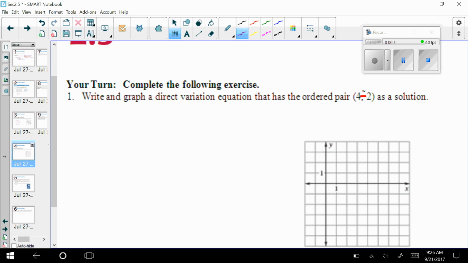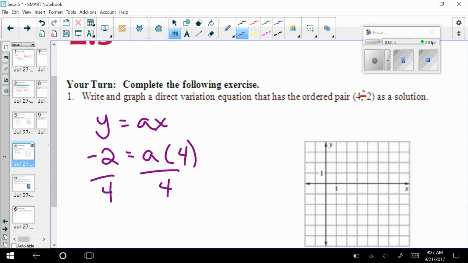So we have the direct variation equation model, y equals a times x, and we have a y and an x. So we can say -2 equals a times 4, and then solve for a, and a equals -1/2.